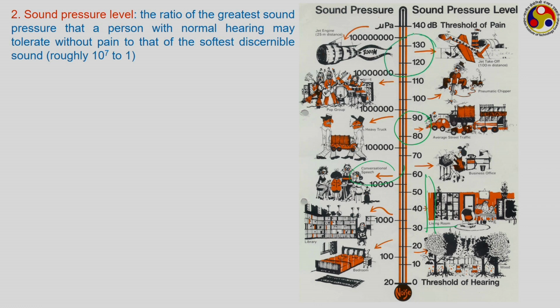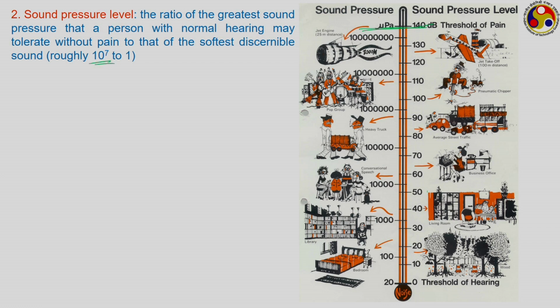These are not suggested for continuous exposure to the human ear, but if available only for a short duration, our ear can tolerate them. This 140 decibel is generally taken as the threshold of pain. So, roughly we get a range of 10 to the power 7 for this sound pressure level.